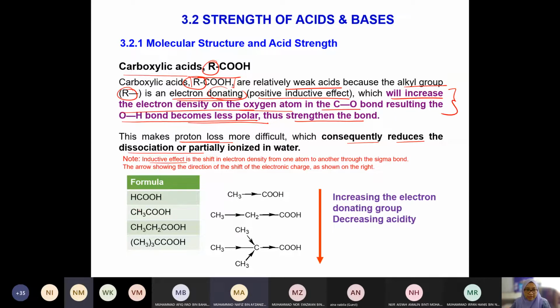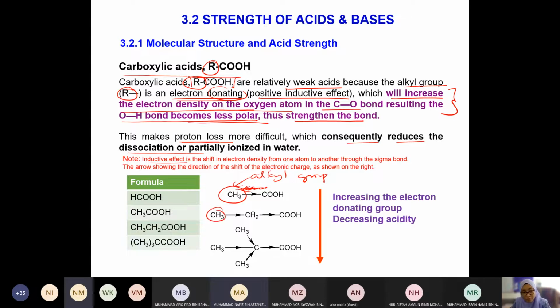Right. Examples of organic acid. These are all organic acids. This is what we call the R, or the alkyl group. This is what an alkyl group looks like. This is the arrow, you see, it pushes towards the oxygen and hydrogen. If this were the oxygen just now, in oxo acid, it pulls that way. But this is electron donating, or the inductive effect.